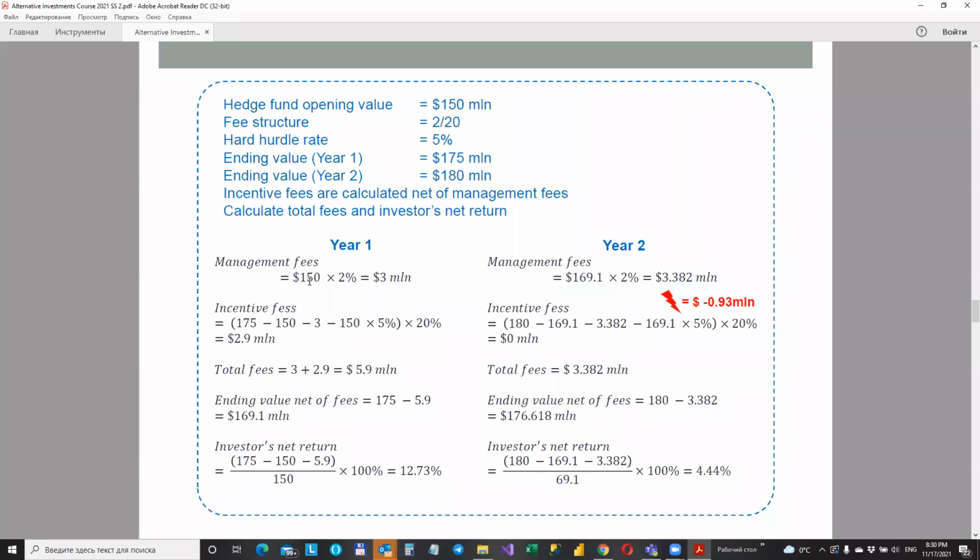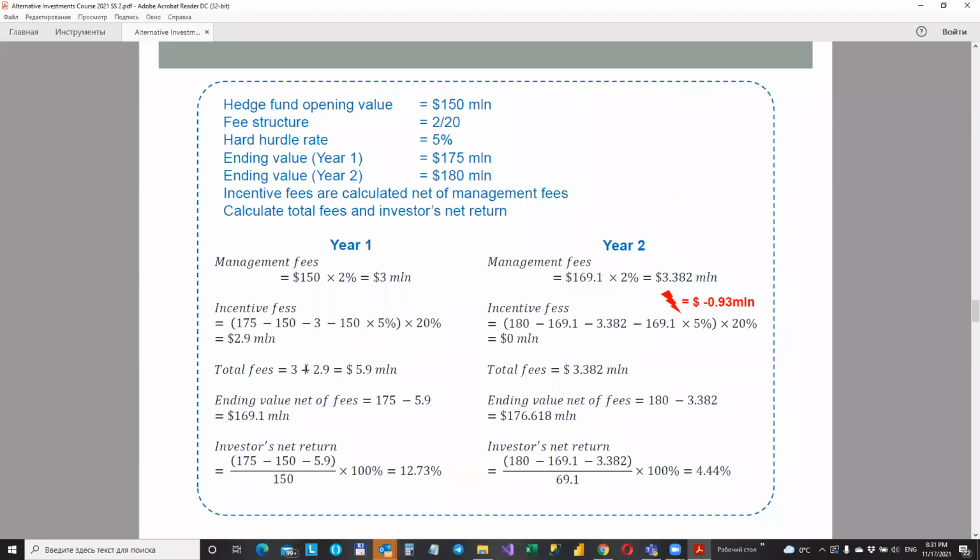So for the first year, we have a management fee that equals the assets under management, 150 at 2%, equals 3 million, and the incentive fee, that is profit, the ending value minus opening value minus management fee, minus the hurdle rate at 5%: 25 minus 3, that is 22, minus 5% of 150, which is 7.5. Then at 20%, it equals 2.9 million.